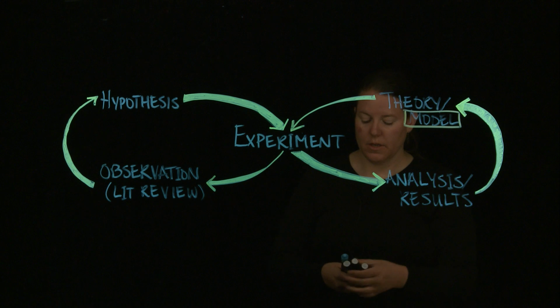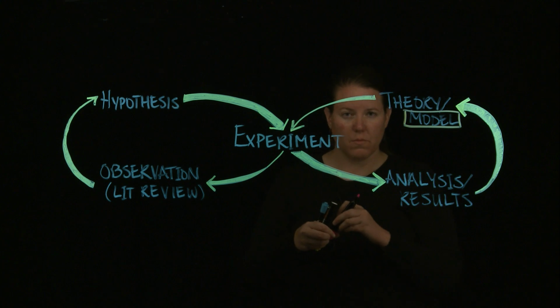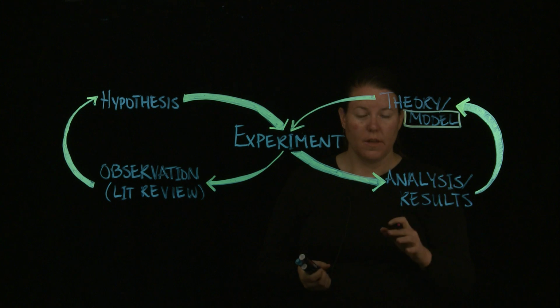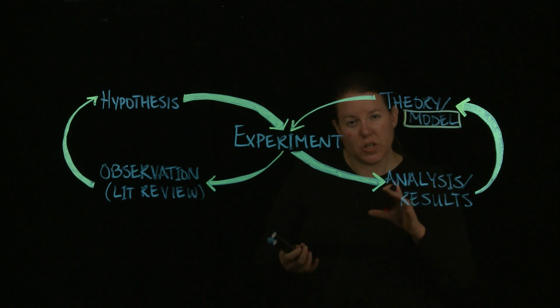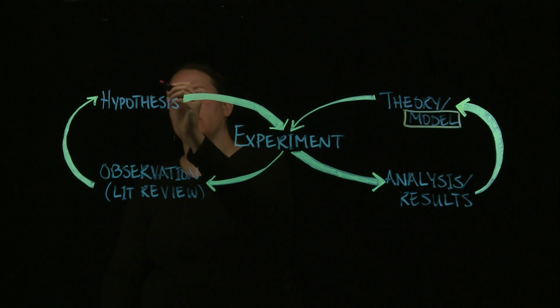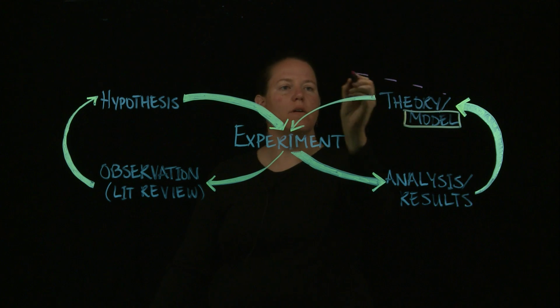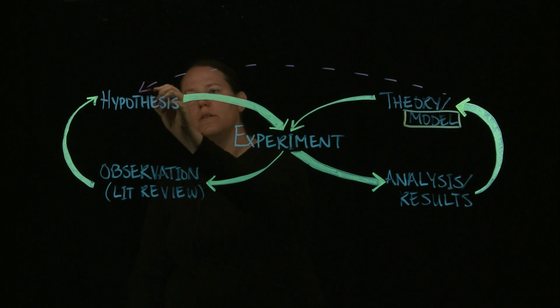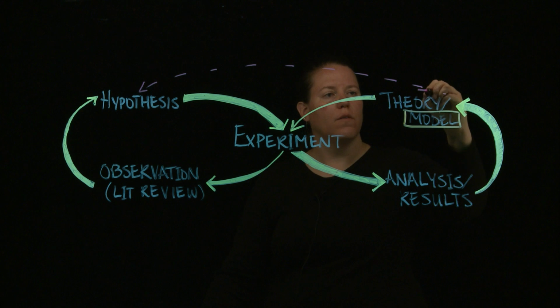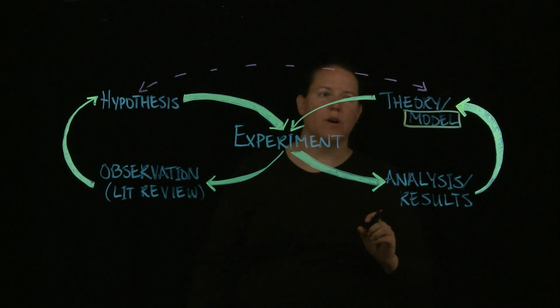Along with this is the idea that we should have some reiterative processes that don't include the experiment, but just double check that we really did what we thought we did, right? So your theory or model should always have some kind of reiteration with your hypothesis, right?